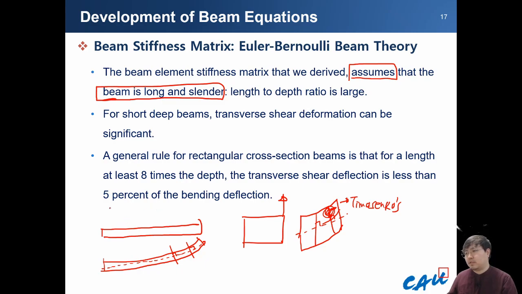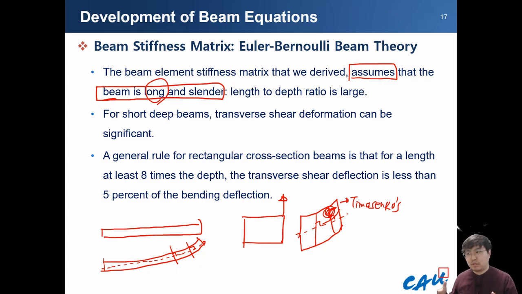So in this case, what is short? We cannot say exactly which length is long or short. However, when you analyze a solid structure, please remember to check its aspect ratio, meaning the length divided by the cross-section length. If the ratio is small, we cannot use Euler beam theory.